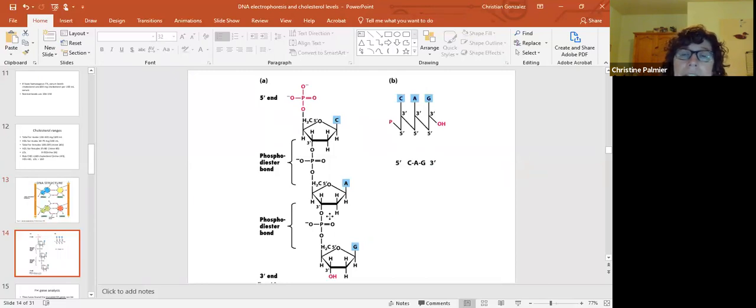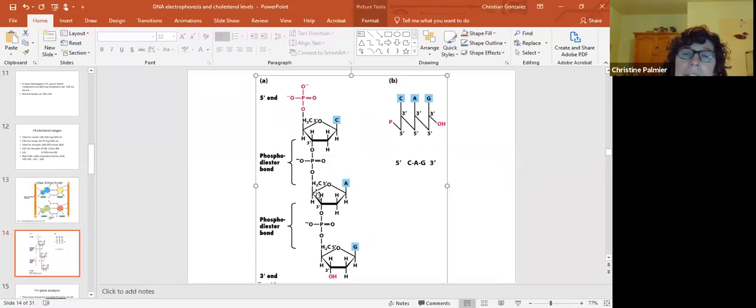This is looking at a single strand of DNA. Now it's more emphasizing the phosphate and sugar backbone that we did not see on the previous slide. So you have a phosphate, your deoxyribose sugar, phosphate, deoxyribose sugar, phosphate, deoxyribose sugar. And then they just minimize the bases as abbreviations here. It's only showing you 1 strand.